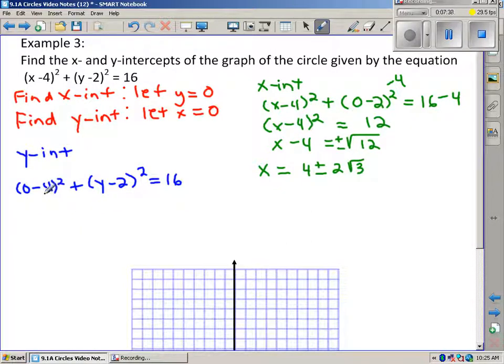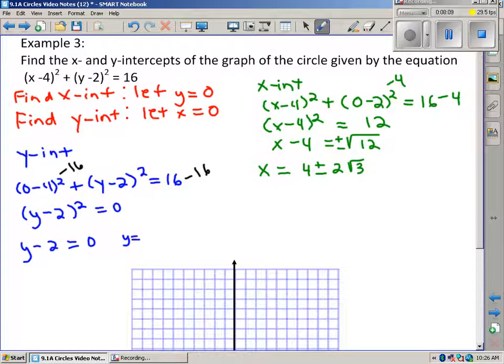So I am going to subtract 16 from both sides. And I end up with y minus 2 quantity squared equals 0. Take the square root of both sides to get y minus 2 equals 0. And so I'm left with my y-intercept at y equals 2.